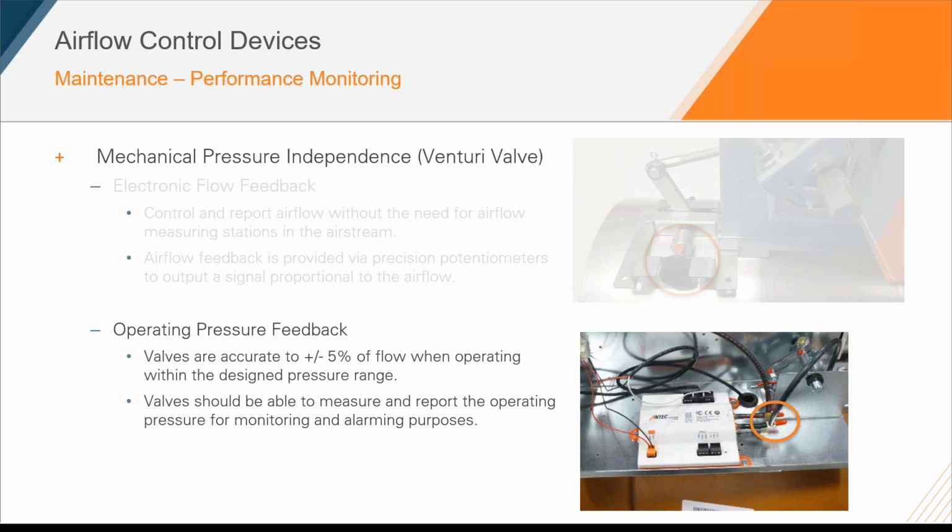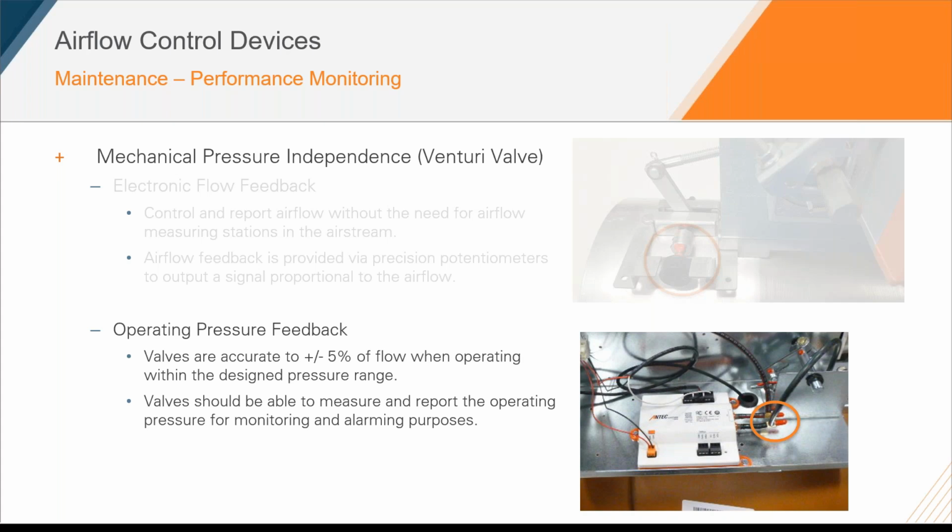The second type of performance monitoring you're going to want to consider for a mechanically pressure independent venturi valve is the operating pressure feedback. As I highlighted a number of times already, the venturi valve will only be accurate to 5% of the flow range when it's operating within the design pressure.